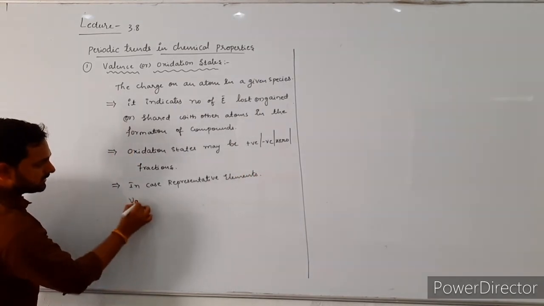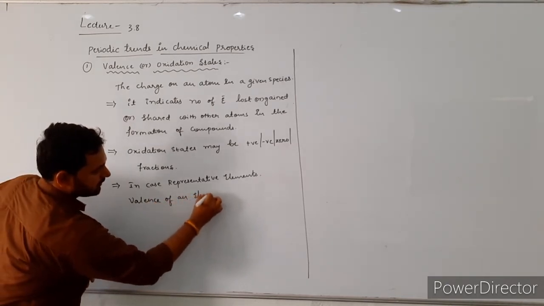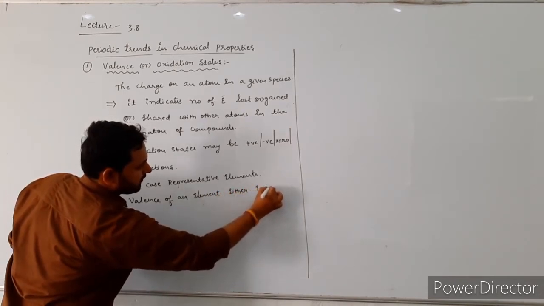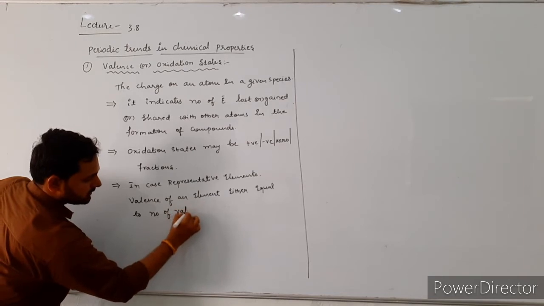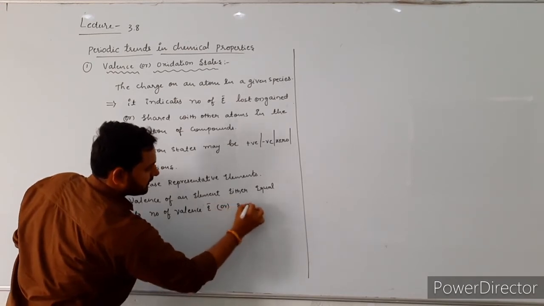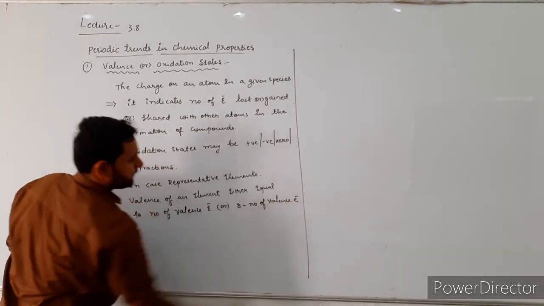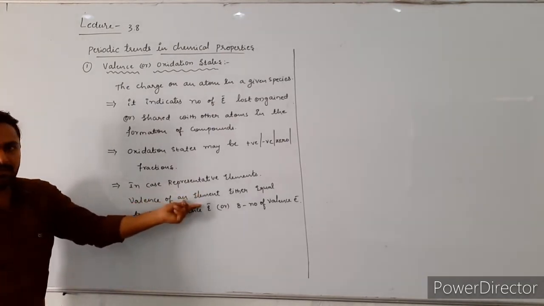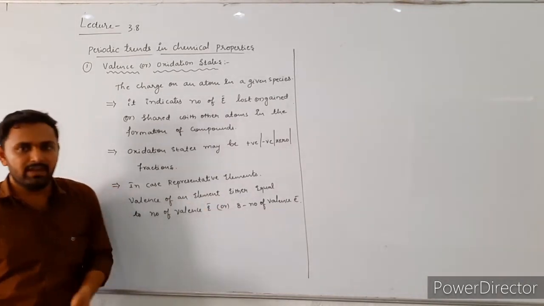In case of representative elements, the valence of an element is either equal to the number of valence electrons or 8 minus the number of valence electrons.